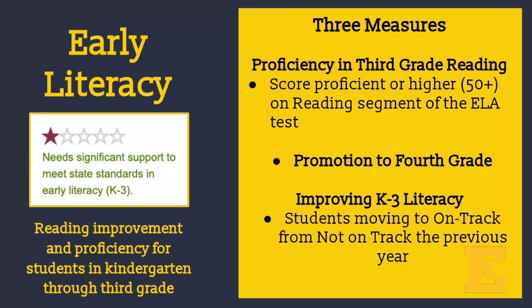The first is proficiency in 3rd grade reading, and this measure is looking at the Ohio State test, specifically the reading subtest within that whole test. Students have to earn 50 to be considered proficient in this particular measure, which is different from what we often hear about the promotion scores within the 3rd grade reading guarantee.